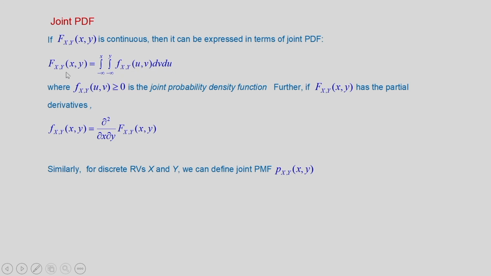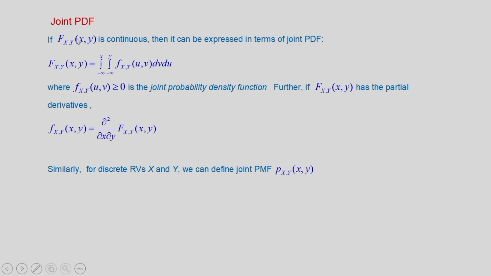So, this is the relating expression between the CDF and the PDF, and this joint PDF is a non-negative quantity. And if the CDF has partial derivatives, then we can write the joint PDF at point (x, y) as the second order mixed partial derivative, del square over del x del y, of the CDF at point (x, y).